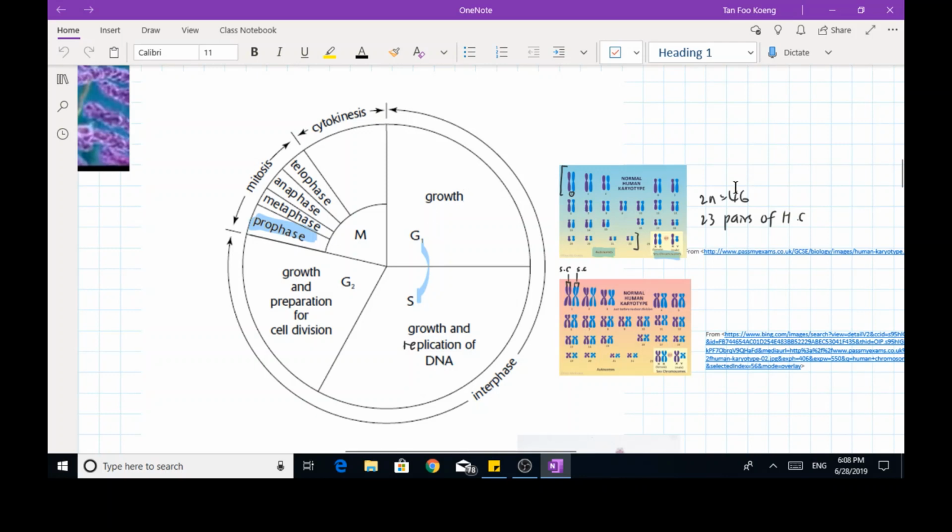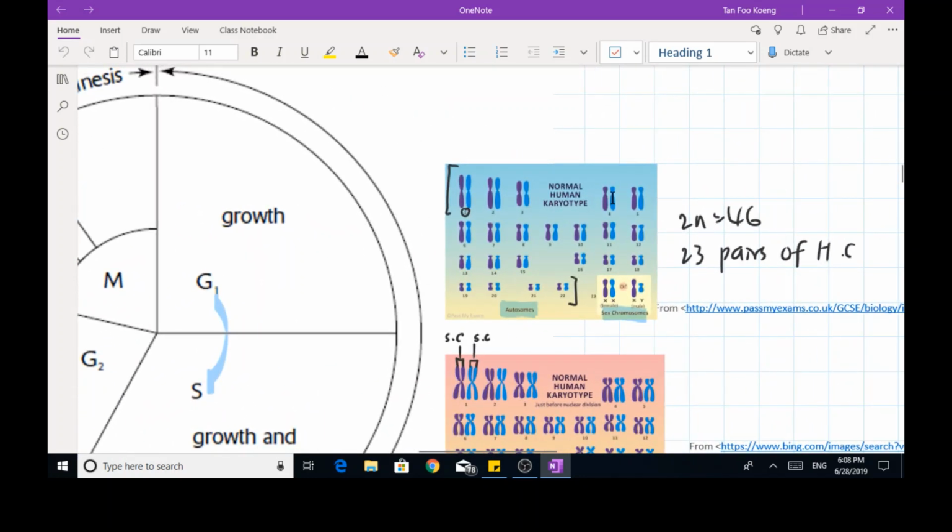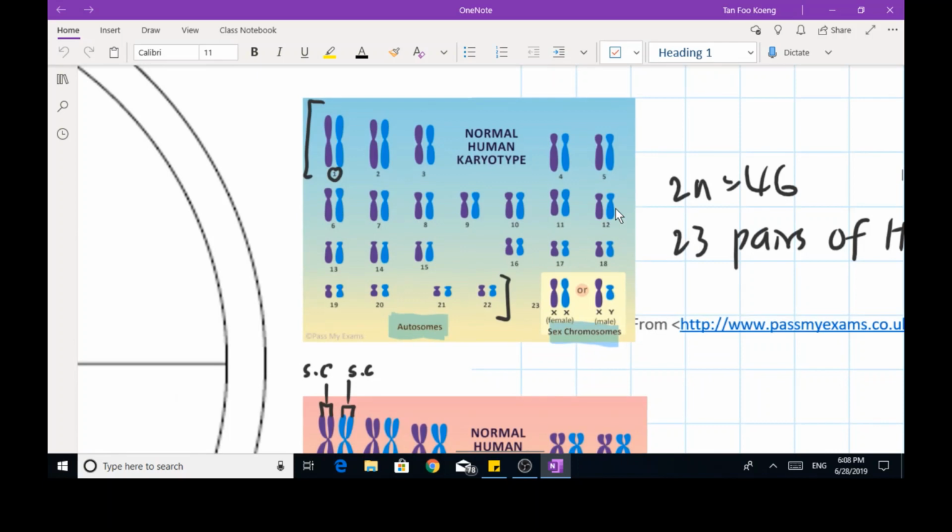As we know, we have 46 chromosomes in our nucleus, or 23 pairs of homologous chromosomes. So during G1 phase, this is the number of chromosomes that we have in each and every one of our nucleus. So 2n equals 46. These two are known as homologous chromosomes because they have the same length and carry the same genes.